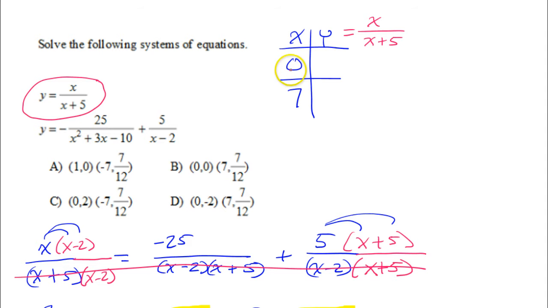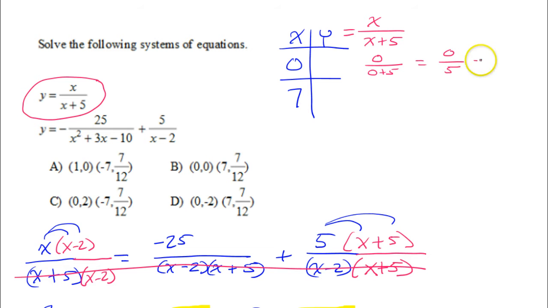Now, I can either substitute these values in by hand or I can use a calculator. I'm going to do it both ways so you can see both ways. So say if I put 0 in for x, that would make this 0 over 0 plus 5. 0 plus 5 is 5, so that would make this 0 over 5.